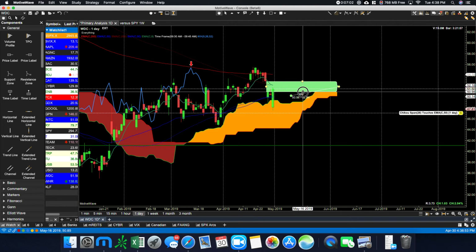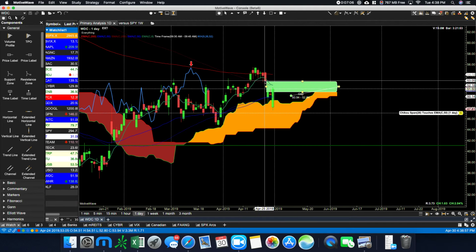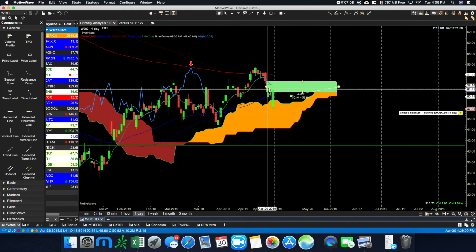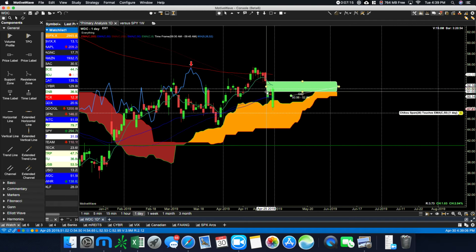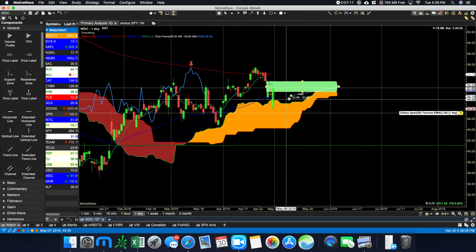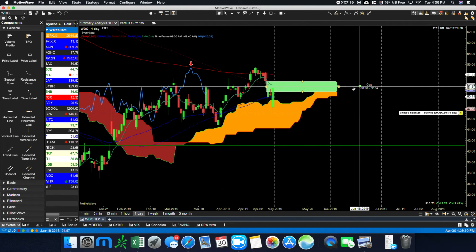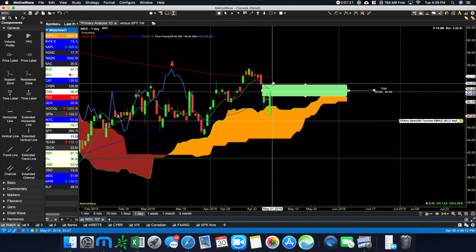Pretty bright color, but there's the close on one day, the close on the next day. We could put it down to the open, but then that's no point because it's already started to fill it. So we use the top of the following day. That's the gap that has to be filled.